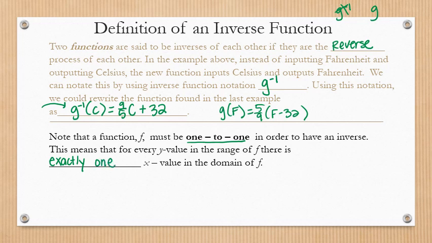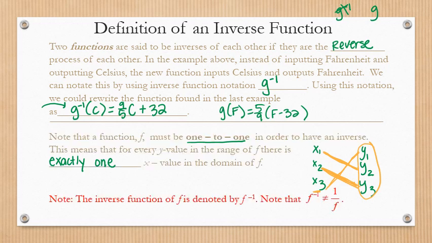For something to be 1 to 1, you just need to make sure that every x goes to only one y, and that's how you know you have a function. But the other way, now we're not just looking at our x values and making sure that they go to only one value, but we also have to look at our y values and make sure those get mapped to only one value. So that's what it means to be 1 to 1. For every x, there's one y, and for every y, there's one x.